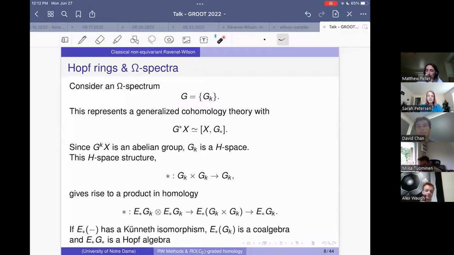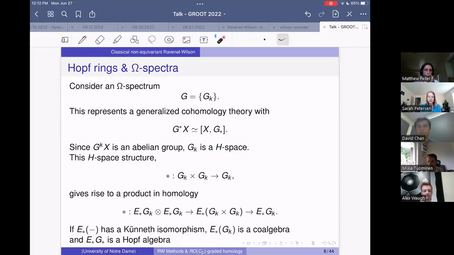And this represents a generalized cohomology theory, with the cohomology of a space X being equivalent to the homotopy classes of maps from X into G. And since the kth cohomology of X is an abelian group, this is going to mean that the space G_k is abelian in the homotopy category and moreover is an H-space. Really, it's also an infinite loop space since we started with an omega spectrum.